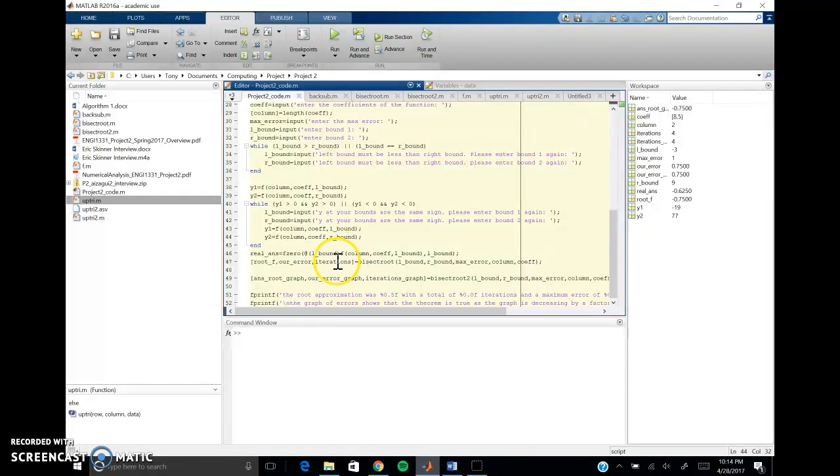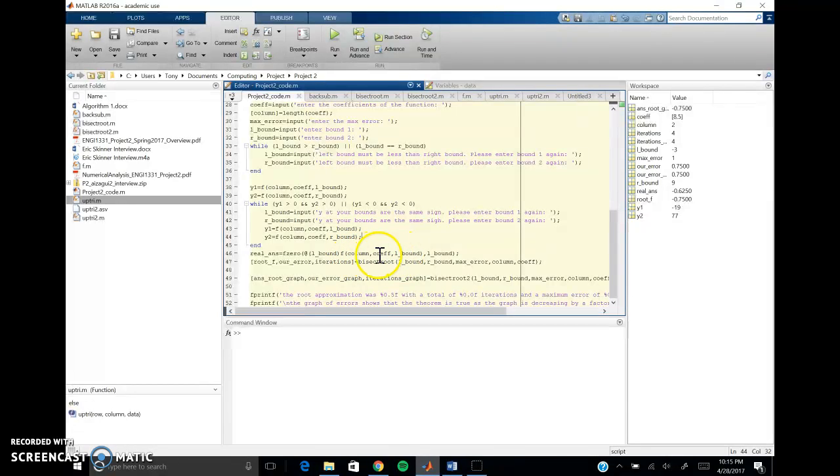After that, you send it to a function f0, which is going to find your, oh, you don't send it to f0. f0 is a defined function already. You're going to call your left bound, and you're going to evaluate it at your f.